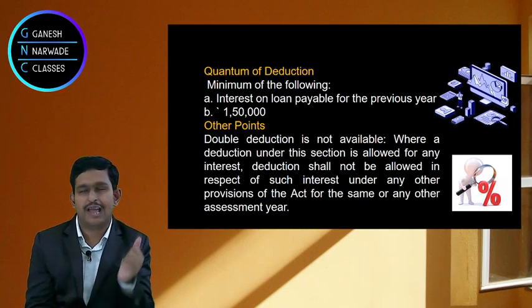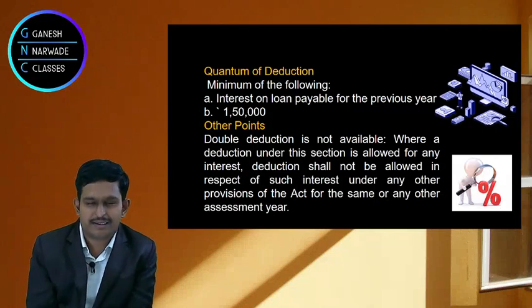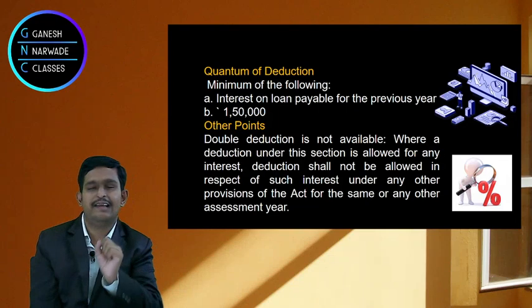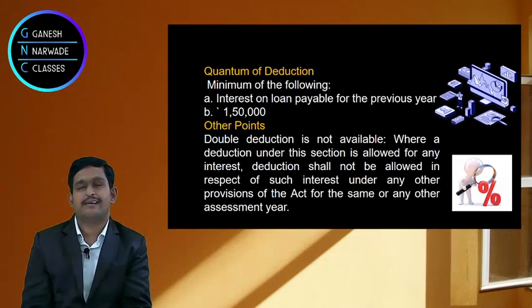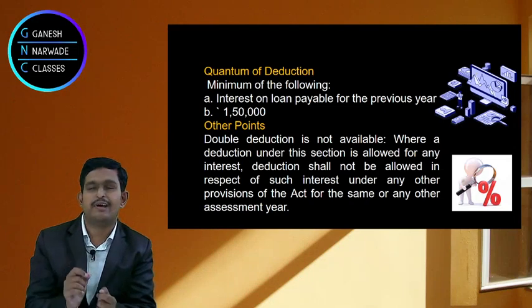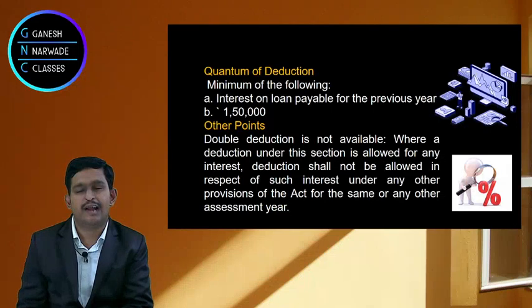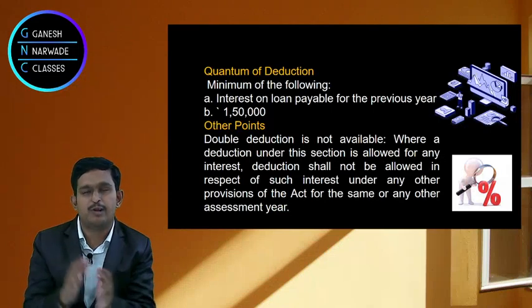Then you will get 2 lakhs there, 1,50,000 here, and for the balance 50,000 you cannot claim deduction. This way you should practically connect the sections. Unless you compare sections and analyze the things, you will never be able to remember. So this is a comparative study for your understanding.